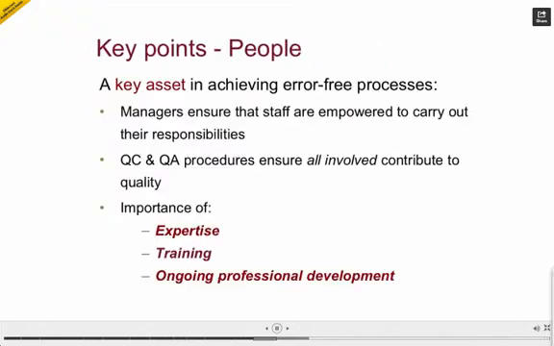So let's start with the people first, and so we don't lose the perspective. A key asset in achieving error-free processes in organizations are the people. So the managers or the leaders need to ensure that the staff in the organizations are empowered to carry out their responsibilities. And they can employ the QC and QA procedures which come out of this approach to ensure that all involved contribute to quality.